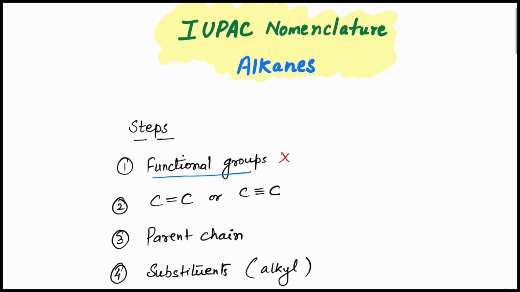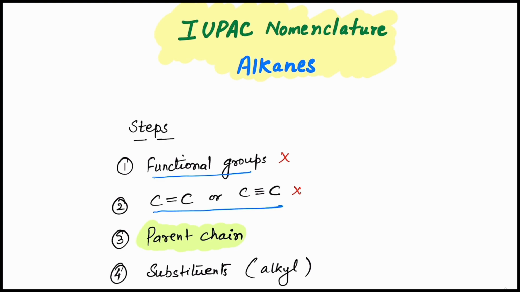Then, in step number 2, we look for carbon-carbon double bonds or carbon-carbon triple bonds. Again, in the case of alkanes, there are no carbon-carbon double bonds or triple bonds. So this step is also not required. So when naming alkanes, we start with the third step, which is identifying the parent chain of the compound.